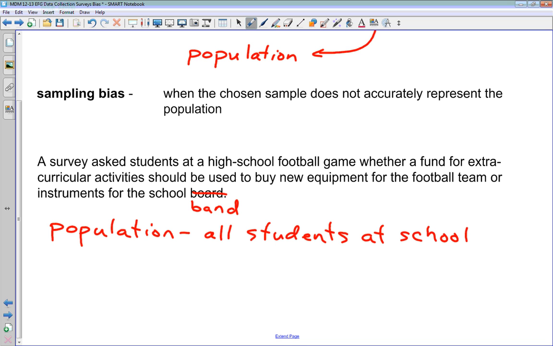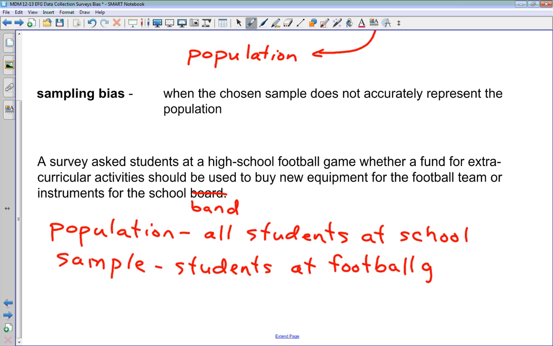Now, our sample are these students at the game. So why is our sample likely to not be representative of the entire population, specifically with regards to the question that is being asked here? What do we think?